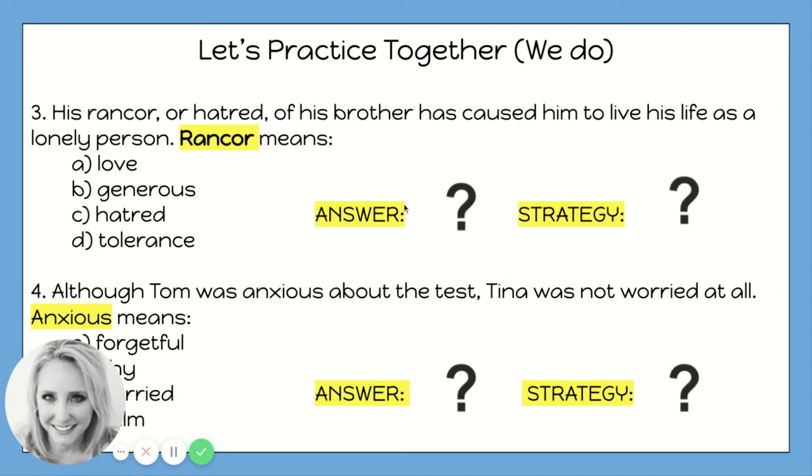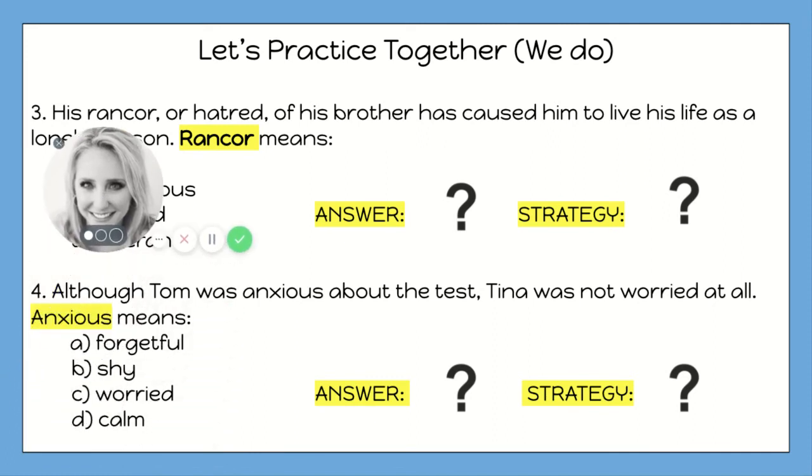Your choice is hatred. Your strategy: maybe you went back to the slides that talked about this strategy, and that is fine. I would take the example or the explanation because we have a brother that caused this moment of him living lonely. We also have a synonym moment right here because we have either or.